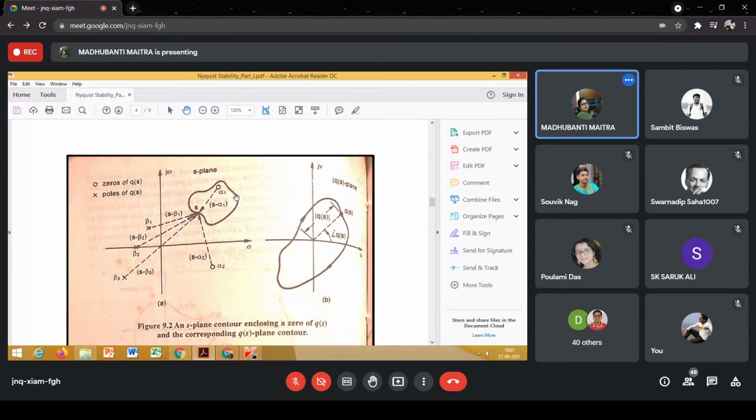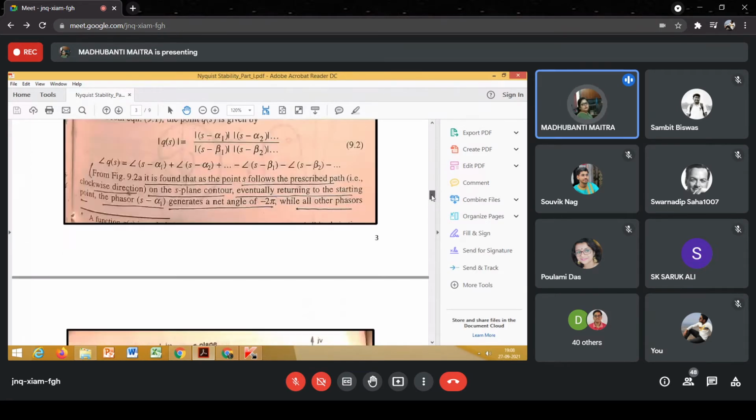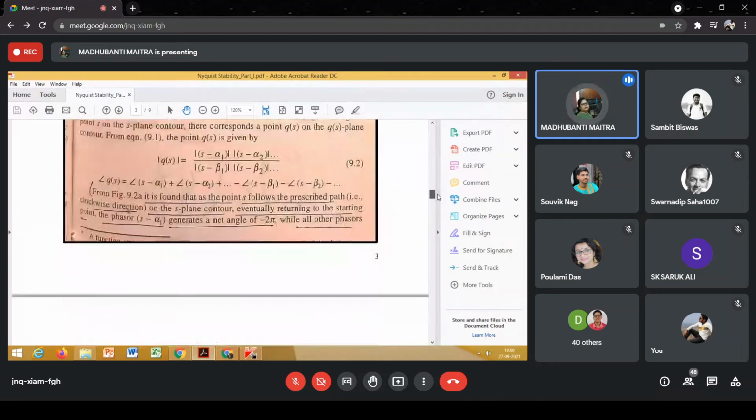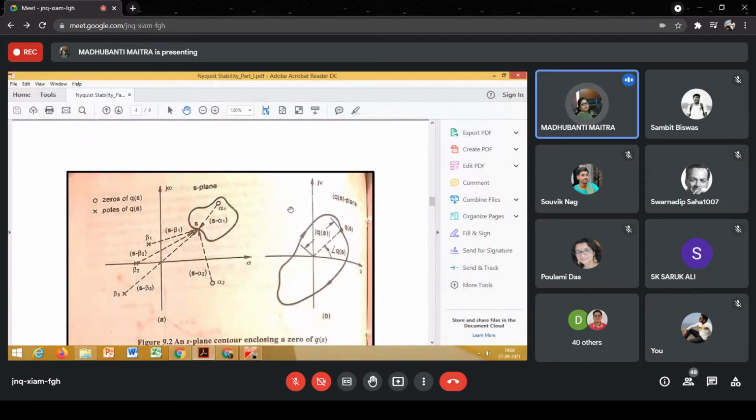Okay. Now let us assume that we have taken a contour on the S plane in such a manner that the contour encloses one zero of Q(S). This is our Q(S), with factors S minus alpha 1, S minus alpha 2, etc. It's clear from this figure that this closed contour on the S plane encloses this region, because we'll traverse the contour in the clockwise direction.